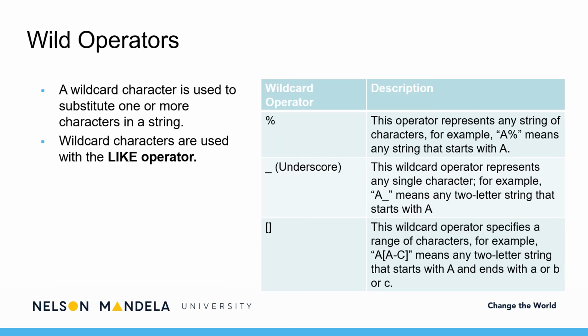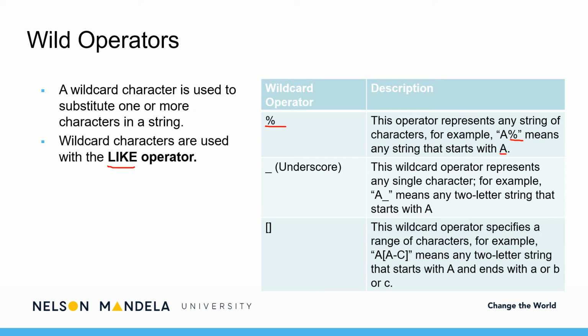If you're using the like operator, which is also a logical operator, there are some wildcards that you can use. For instance, you can use the percentage sign: if you put that next to a letter, then all the information that starts with that letter or those letters in front of it should be true.